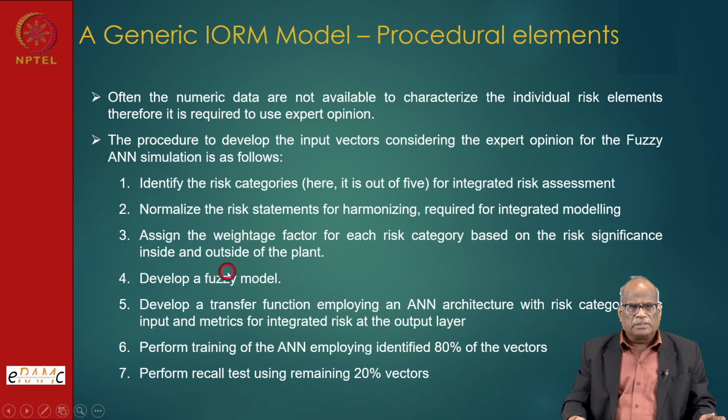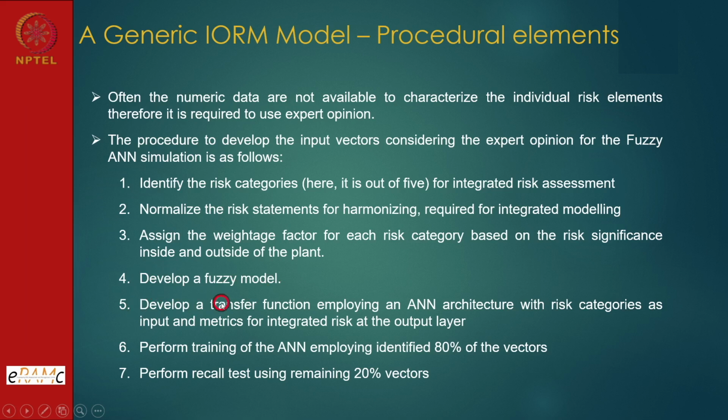Develop a fuzzy model. Probably I have discussed the fuzzy approach in risk and reliability, so you can revisit those areas. And development of the transfer function in the ANN architecture. What should be the transfer function? There are some activation functions in ANN, so sigmoid is there, and then there are a number of others, so which function should I use.